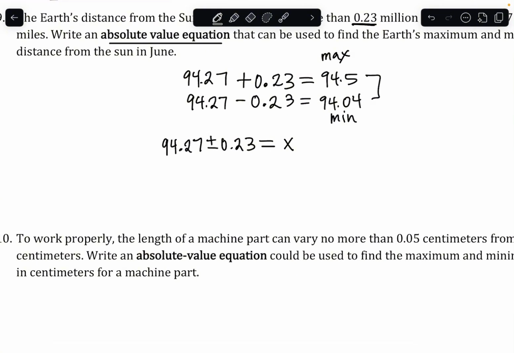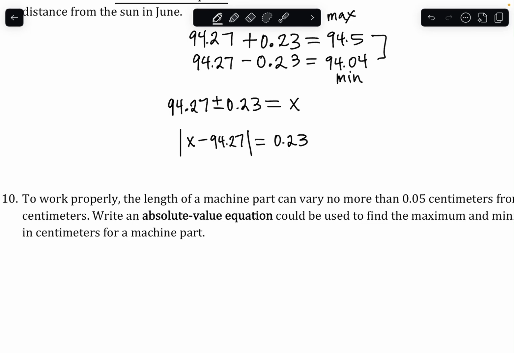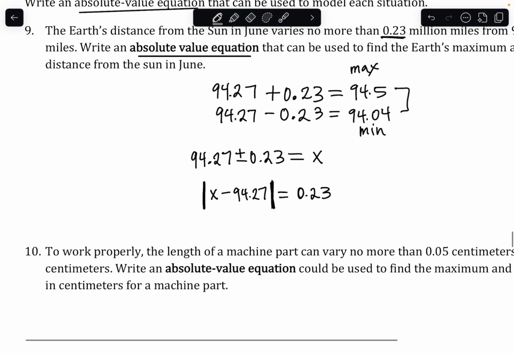And then the plus or minus number is the distance. And so we want to measure the distance of some value from 94.27. And we know that it is positive or negative 0.23, or that distance is 0.23. And so when we measure the distance between some number and that 94.27, we want it to equal that value.